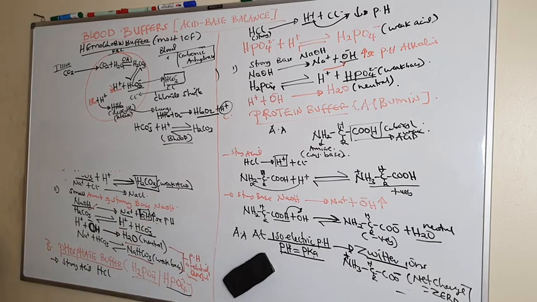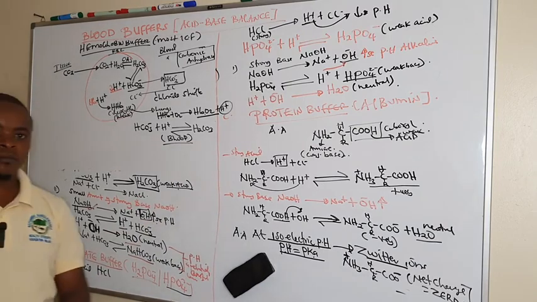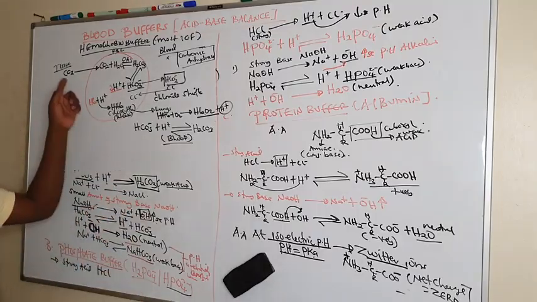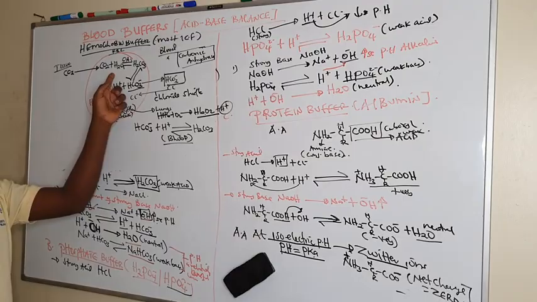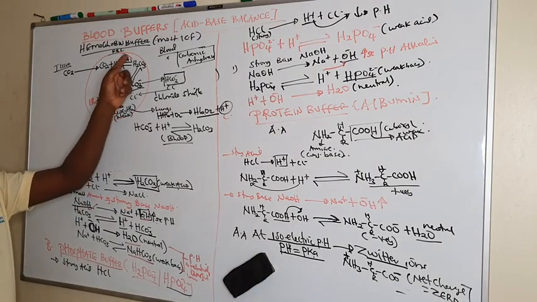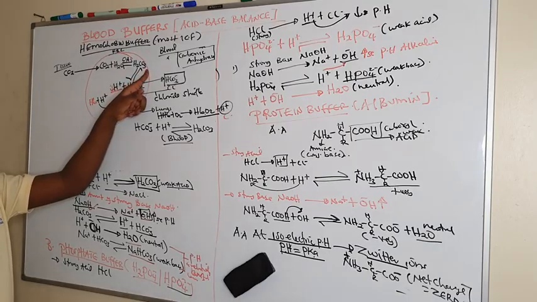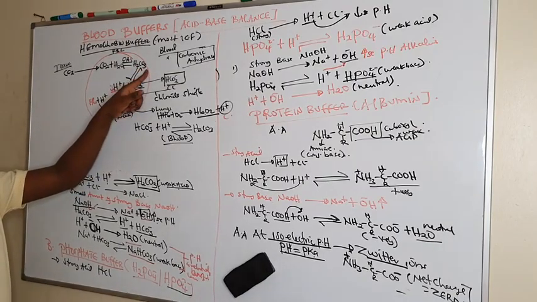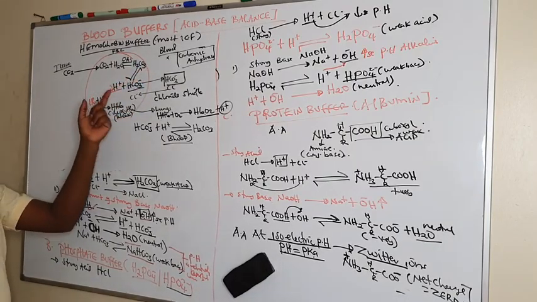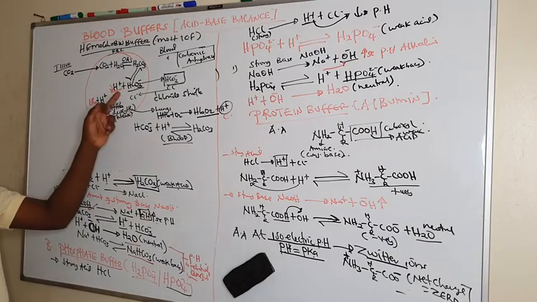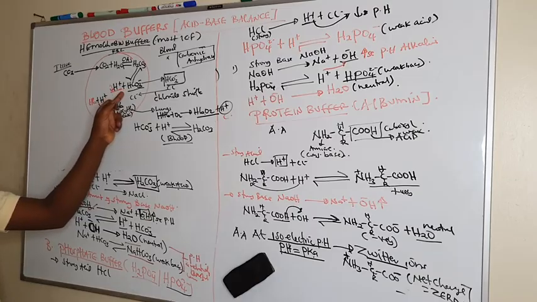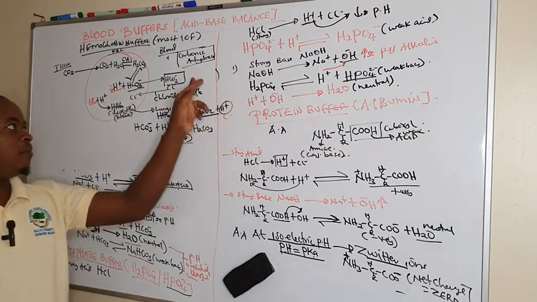So this is the mechanism of action of the hemoglobin buffer. We have said that carbon dioxide in the respiring tissue enters inside the cell, combines with water in the presence of carbonic anhydrase enzyme to form weak carbonic acid. And this weak carbonic acid dissociates to bring about protons and bicarbonate. The proton and the bicarbonate have the ability to diffuse across the cell into blood.